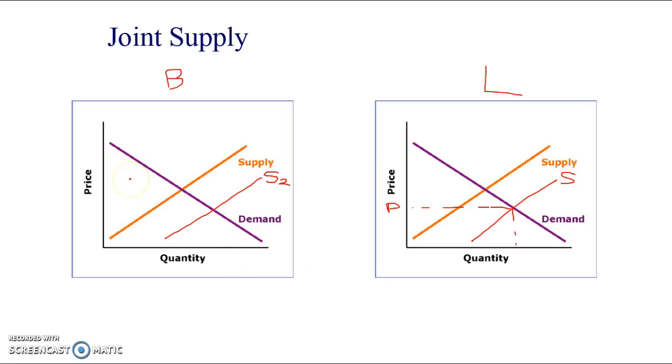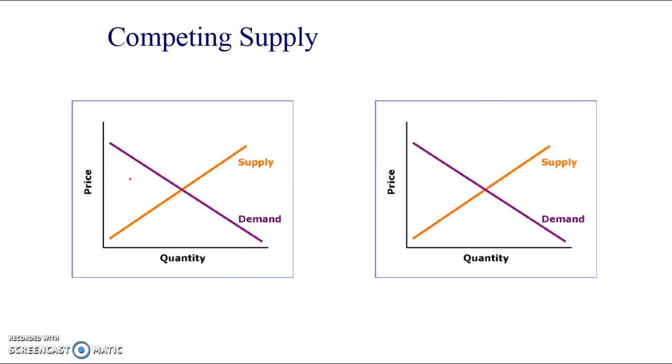Just a very, very similar picture in the beef market as well. So competing supply, though, we had food and biofuel. If we make the grain into food, we can't make it into biofuel.